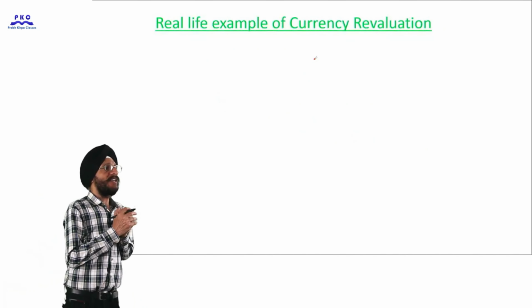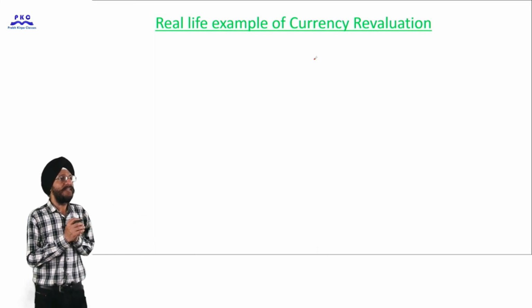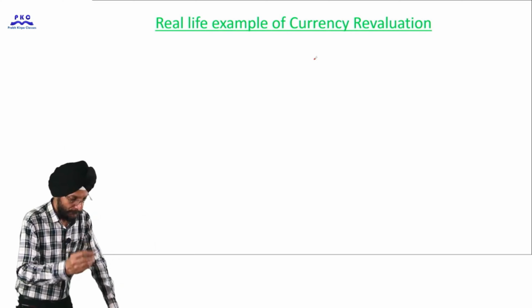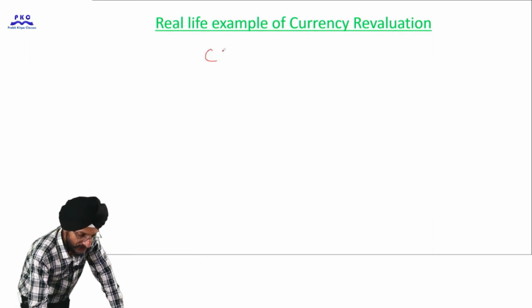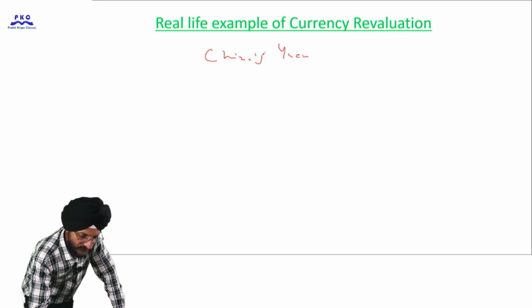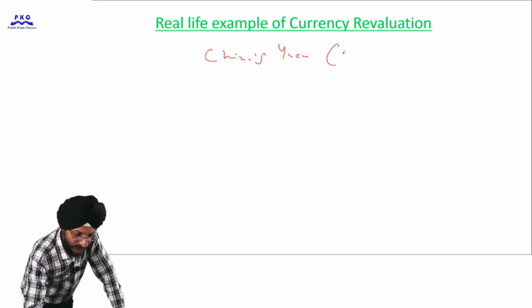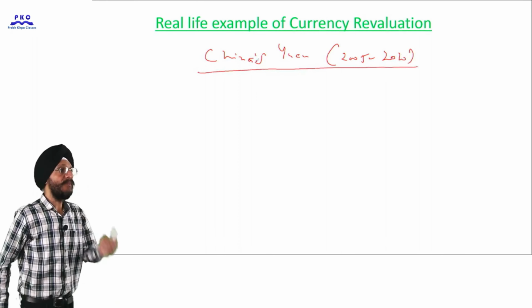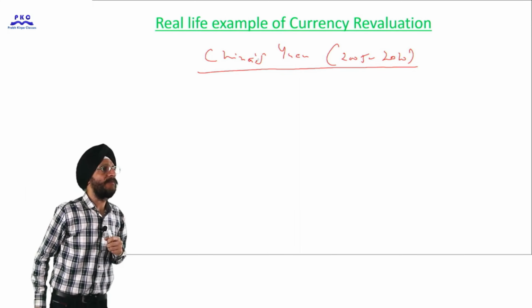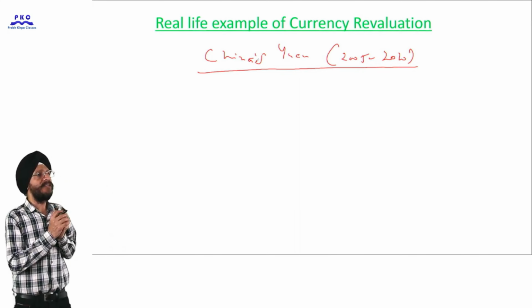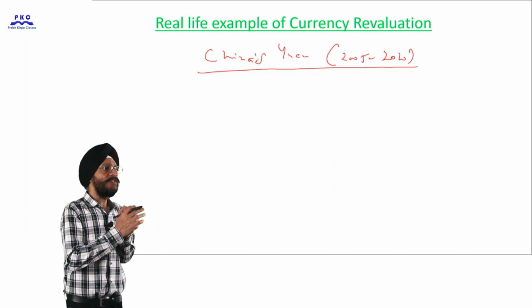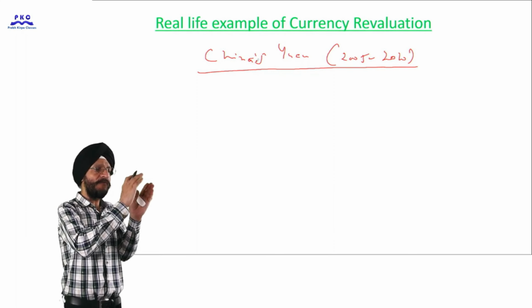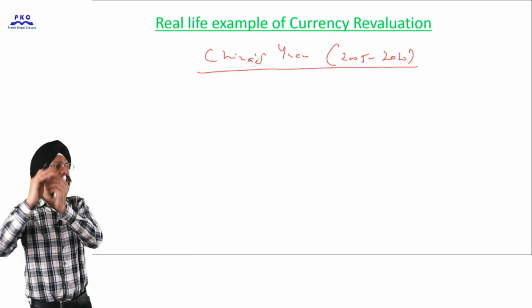Now we will understand the case of currency revaluation of China's yuan currency from 2005 to 2010. Prior to 2005, China was adopting the policy of fixed exchange rate system of its currency vis-a-vis the US currency.